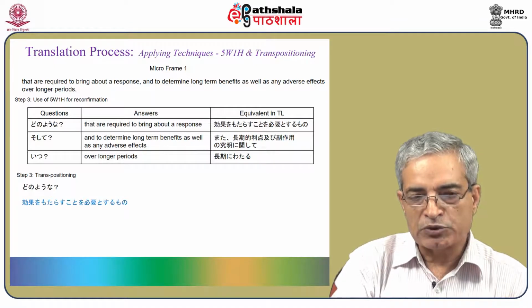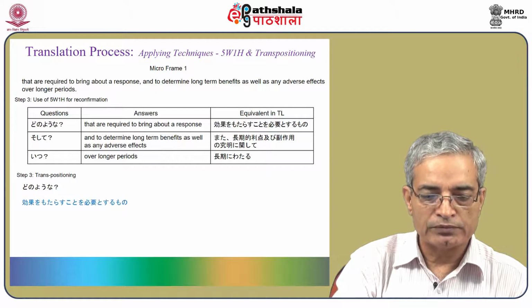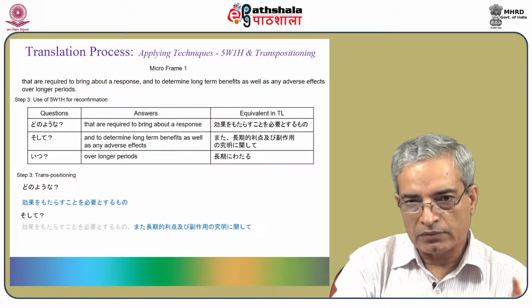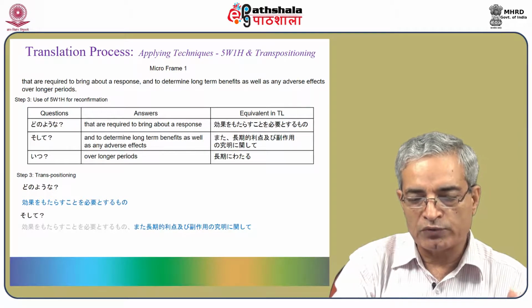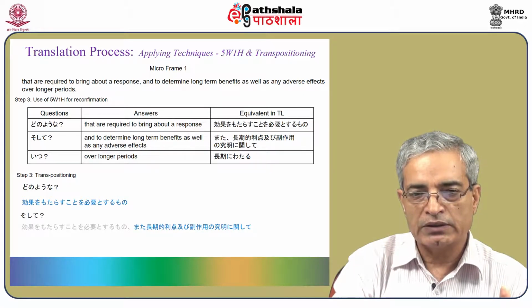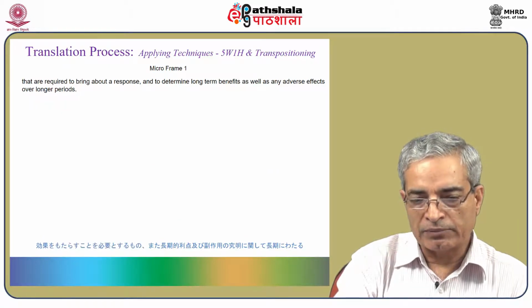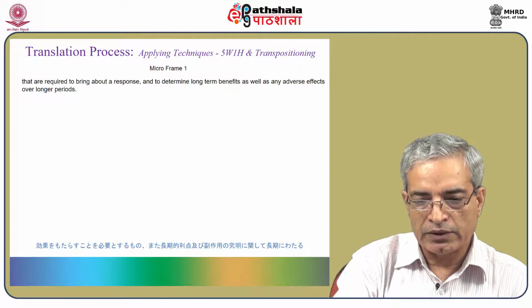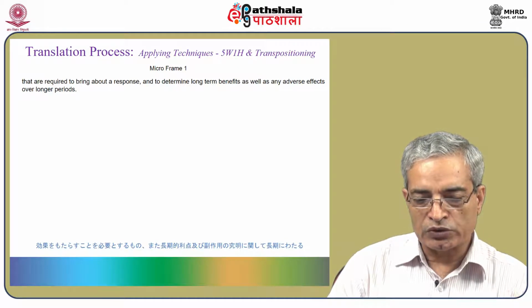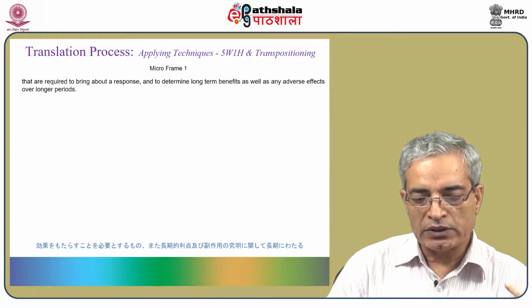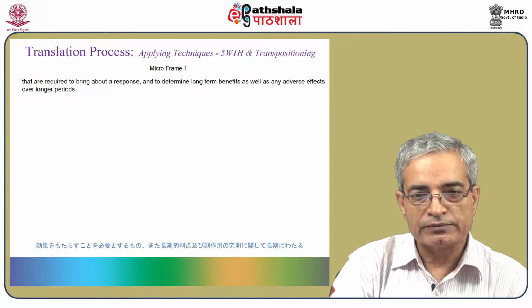Now transpositioning: dono yona koka o motorasu koto hitsuyo to suru mono. Soshite anything else, and the answer is mata chokiteki riten oyobi fukusayo no kyume ni kanshite itsu choki ni wataru. And we get the complete sentence here at the bottom: Koka o motorasu koto hitsuyo to suru mono mata chokiteki riten oyobi fukusayo no kyume ni kanshite choki ni wataru.